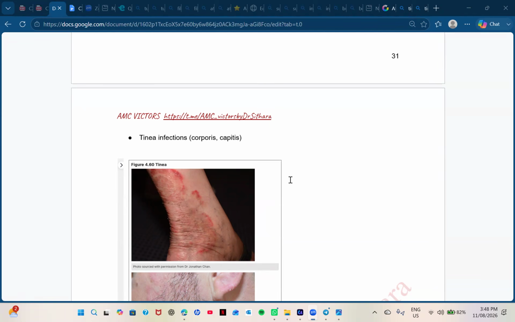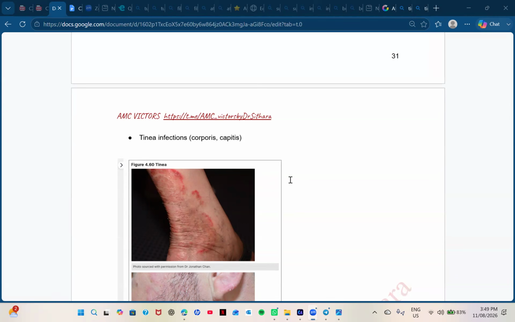Tinea corporis means the body area, because you can see the annular ring-shaped lesion. Tinea cruris means the groin area. Tinea pedis is seen especially in the feet. Tinea capitis shows scalp scaling and broken hair.